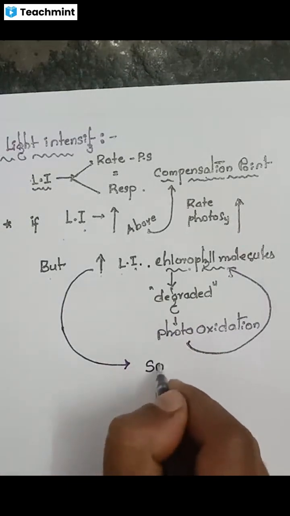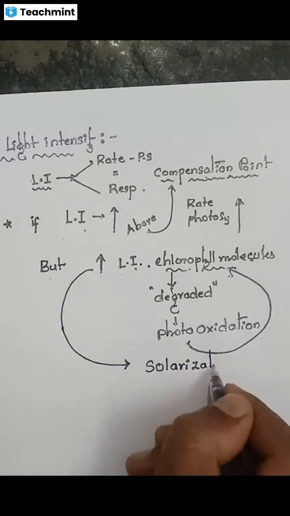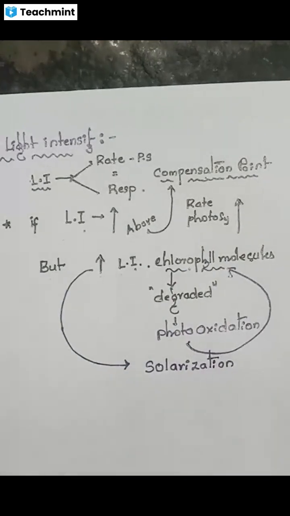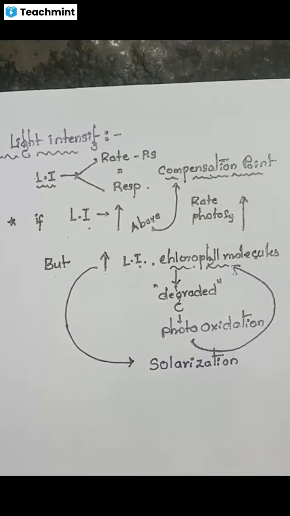It is one of the most important ones. Solarization. So, the first external factor is light intensity.